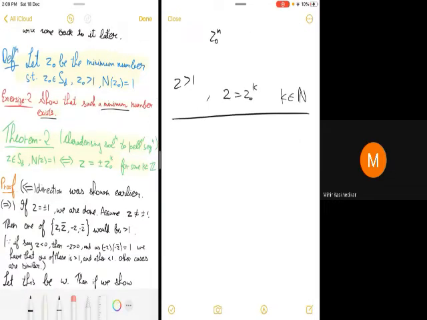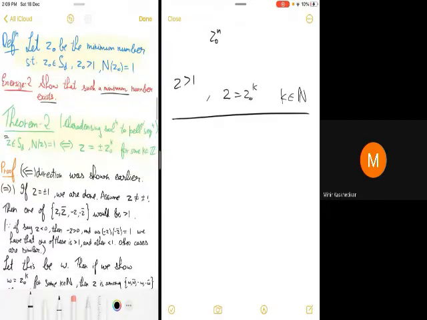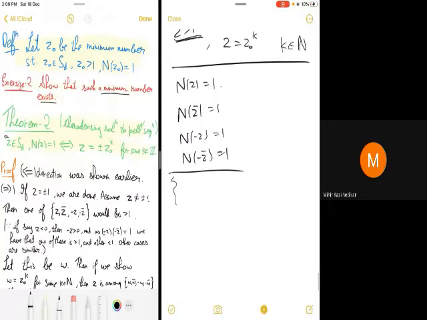Now this implies the result as well, because if n of z is 1, then n of z bar is 1, n of minus z is 1, n of minus z bar is also 1, and one of these four numbers must be greater than 1. Do you see? Because of the unique representation, if z is x plus root d y, then one of these four numbers is this.